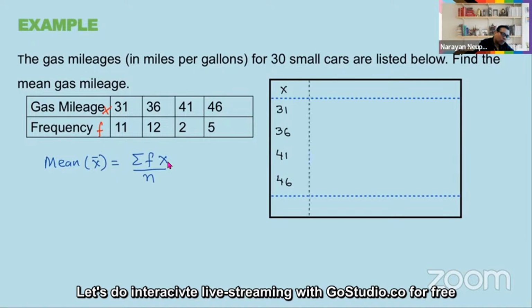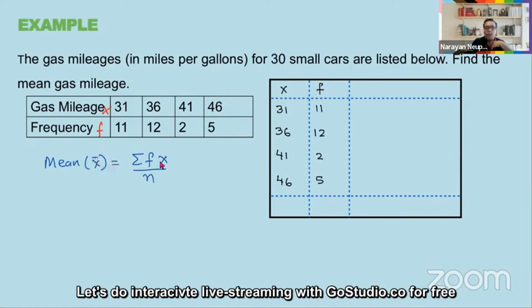We also have the frequencies. So let's write the frequencies. What are the frequencies? 11, 12, 2, 5. Are we good so far? If you have a question, let me know. So what I did is I just wrote these values. X values here, frequencies here.